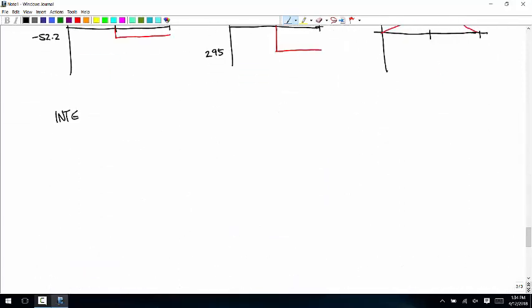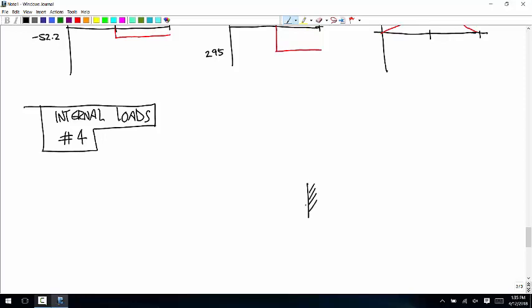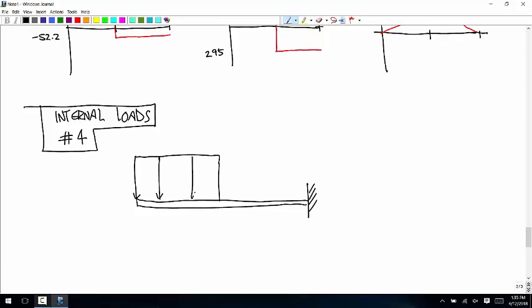Okay, so internal loads number 4. We have a fixed joint on the right. That means we can get away without calculating the external load, so that's good. And then we have a distributed load just on one half.